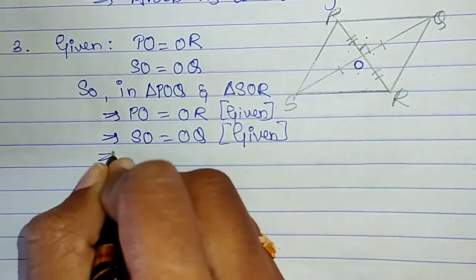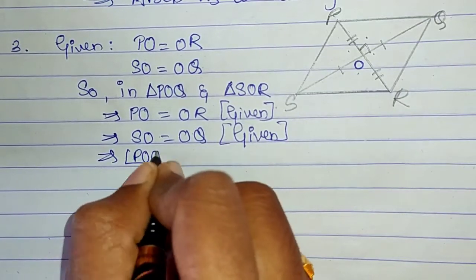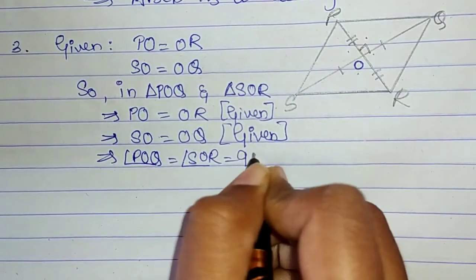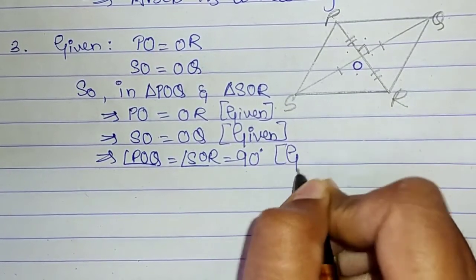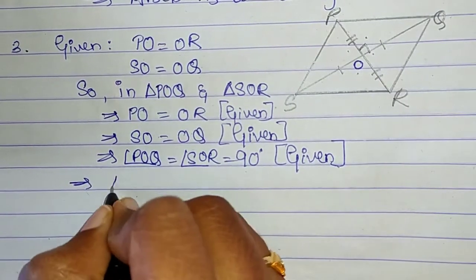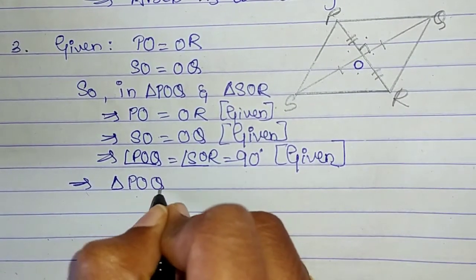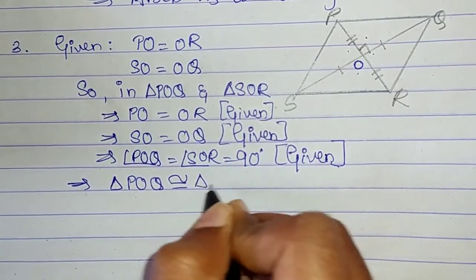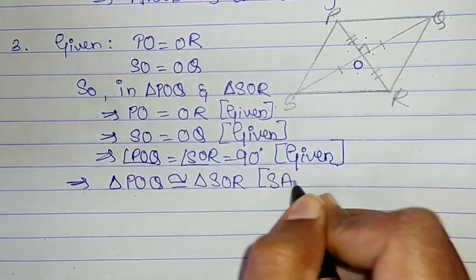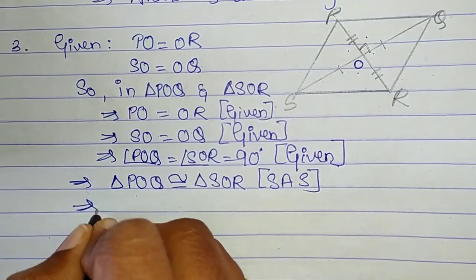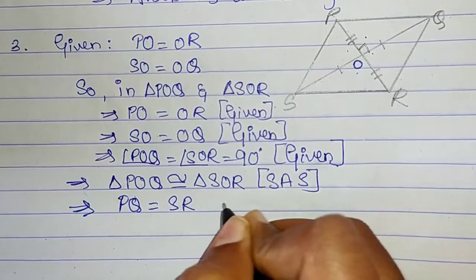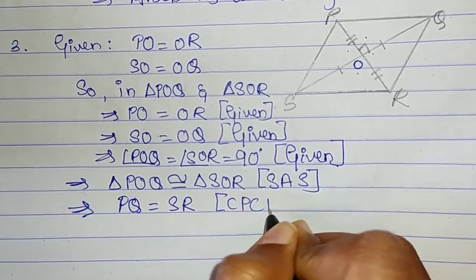And angle POQ is equal to angle SOR, which is equal to 90 degrees. That's also given. They are bisecting each other. So this implies triangle POQ is congruent to triangle SOR by SAS rule. So this implies PQ is equal to SR by CPCT.